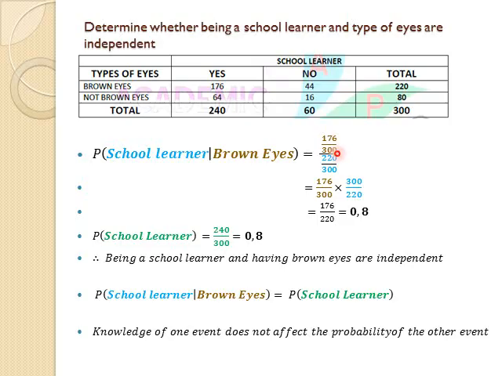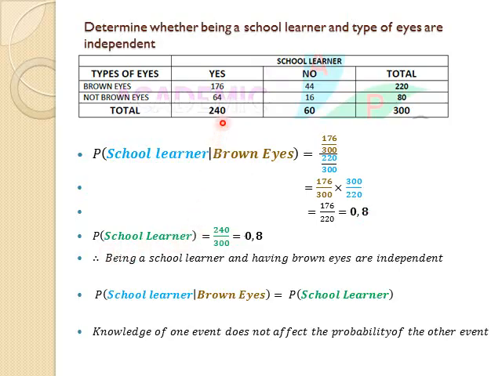That gives me 176 over 300 times, if I change division to multiplication, 300 over 220. 300 and 300 cancel, so I'm left with 176 over 220, which gives me 0,8.